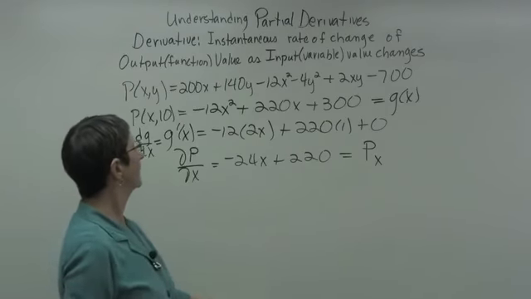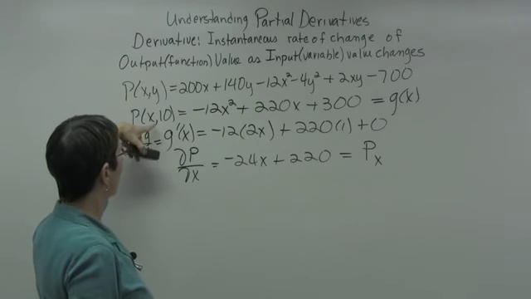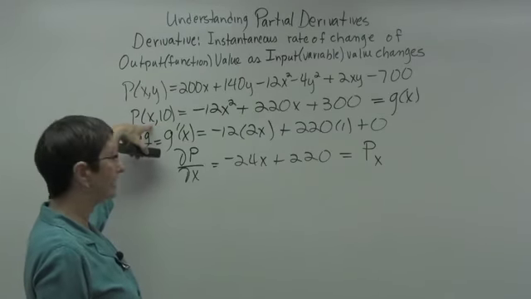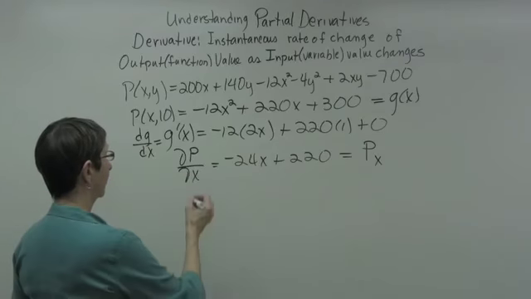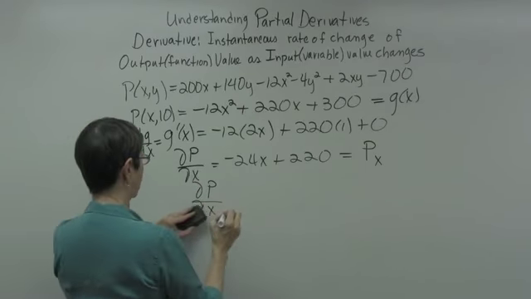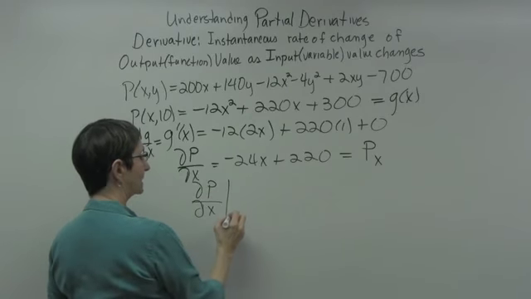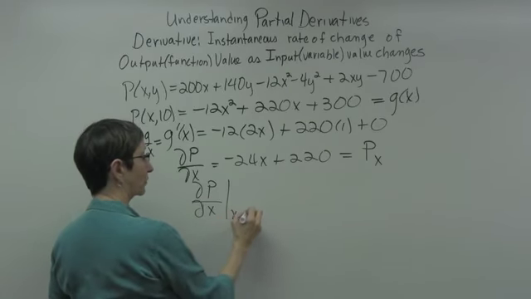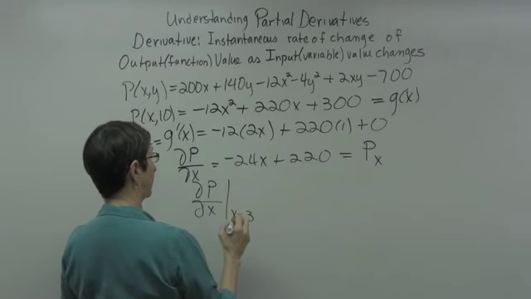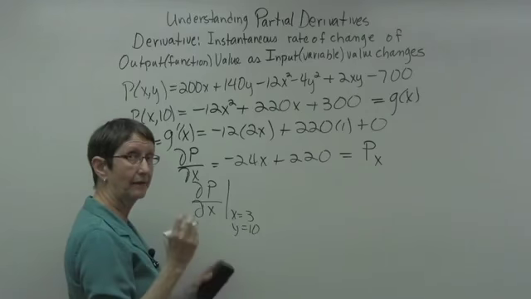Well, suppose, since I have my partial derivative now, I want to find out what happens if I have a value for x. So I could find the partial of p with respect to x at x equal to 3. And I know that y is equal to 10. I have to have those together.